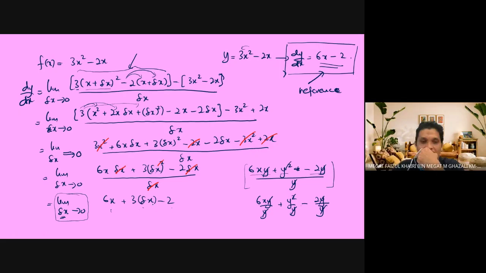So delta x approaching 0, for this case, we assume that delta x equals 0. Even though it says limit delta x approaching 0, when the value of delta x is very, very close to 0, we assume that everything equals 0. So 0 times 3 equals 0. So what's left now? We got 6x minus 2.